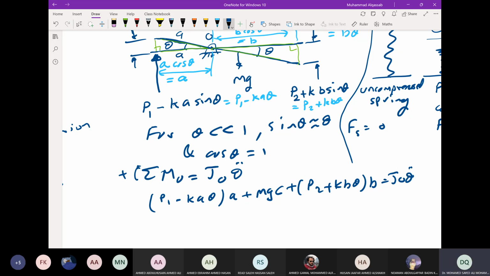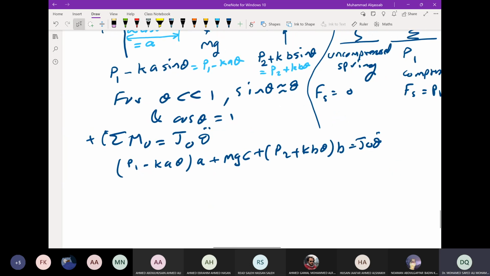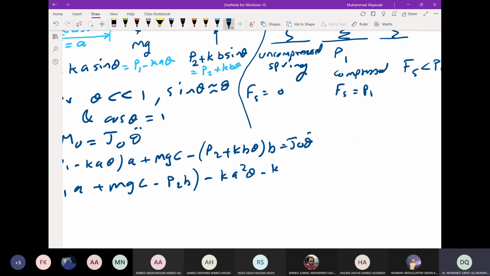When you open the brackets, P1 times A plus mg times C minus P2 times B, you can group them together, and this will equal 0. Then minus KA squared theta minus KB squared theta equal to JO theta double dot.